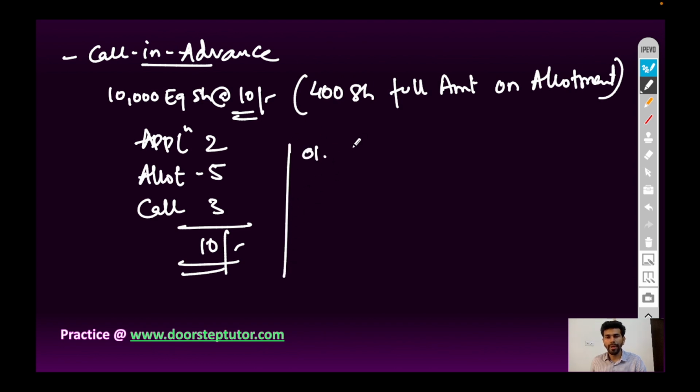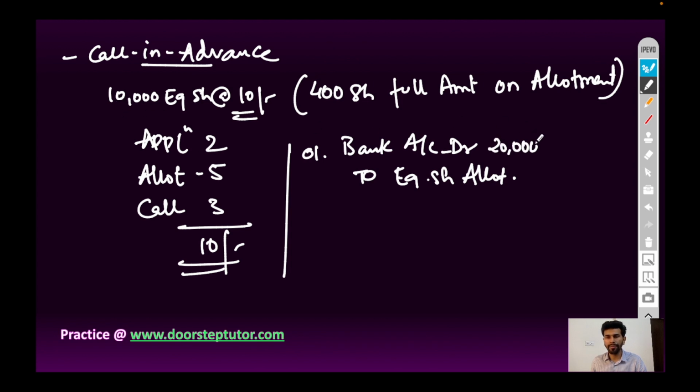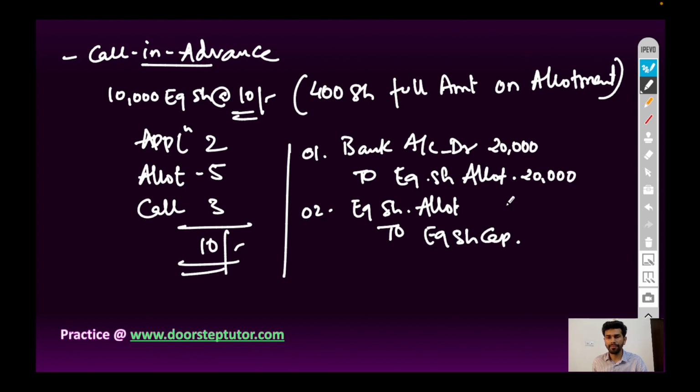The first journal entry will be on application money received: bank account debit to equity share application account, 10 into 10,000 into 2 rupees, 20,000 rupees. The second entry will be equity share application account debit to equity share capital account, 20,000 rupees.